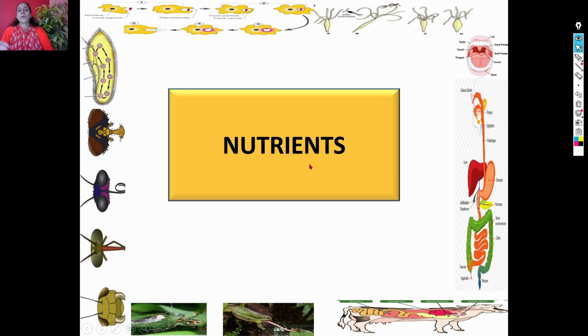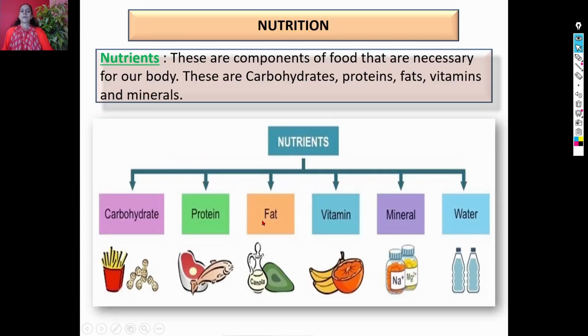First, I'm going to take up this term nutrients. So, nutrients. These are components of food that are necessary for our body. And these are carbohydrates, proteins, fats, vitamins, and minerals. So, these are the sources of these important nutrients.